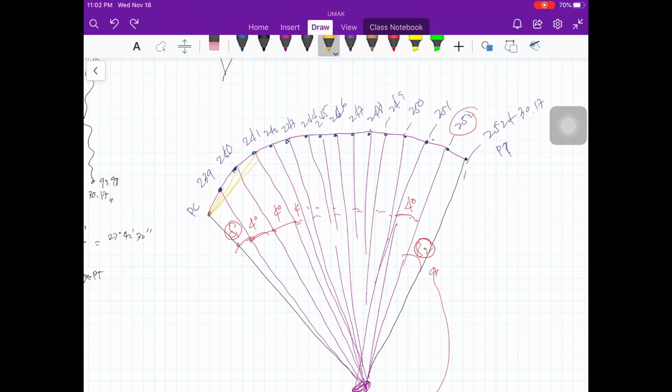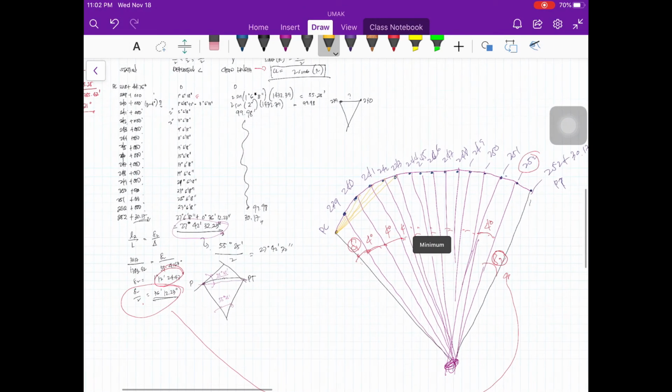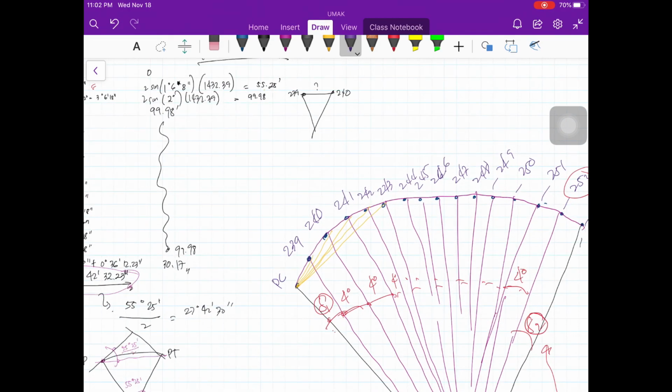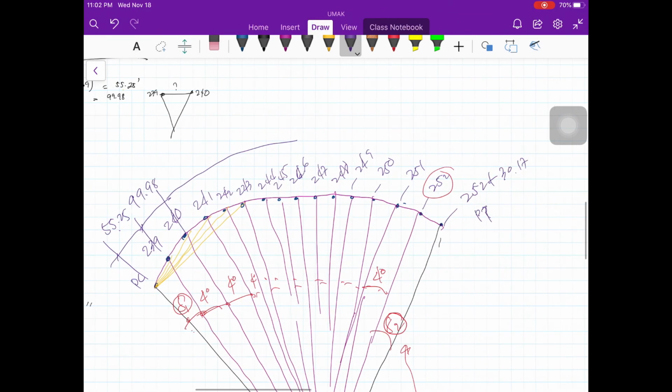Sorry, the chords connecting. So if you understand which is the 55.25, these are the 55.25 distances. These are the 55.25. This is the 99.98 up to here.